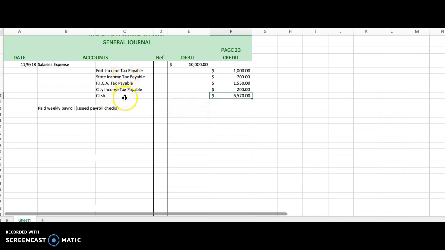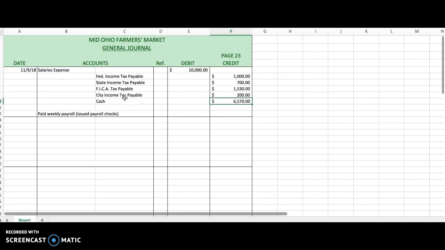We could have more things on the credit side before we get to cash. For example, sometimes a company will have fringe benefits that they offer to employees so that they attract more people to work at that particular company. For example, some companies will pay part of your health insurance if you're an employee there. So they may say, if you come to work for Mid-Ohio Farmers Market, we will pay 20%, 30% perhaps of your health insurance, and you pay the rest.